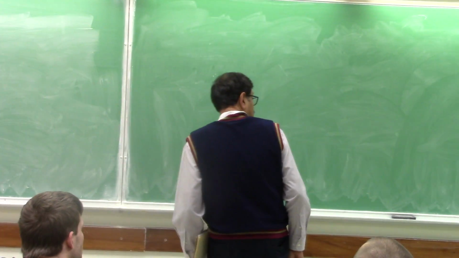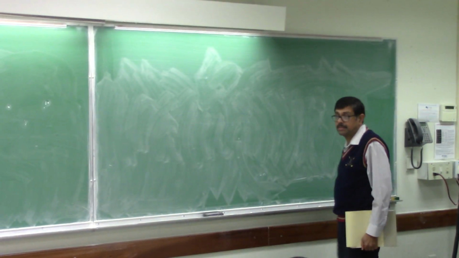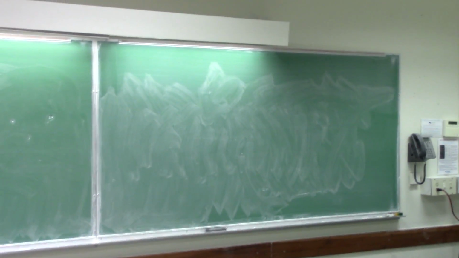...with any zeros for the Riemann zeta function on the vertical line. And you will see how useful Lemma 4 is. So we already have used Lemma 1 once, but now Lemma 4.